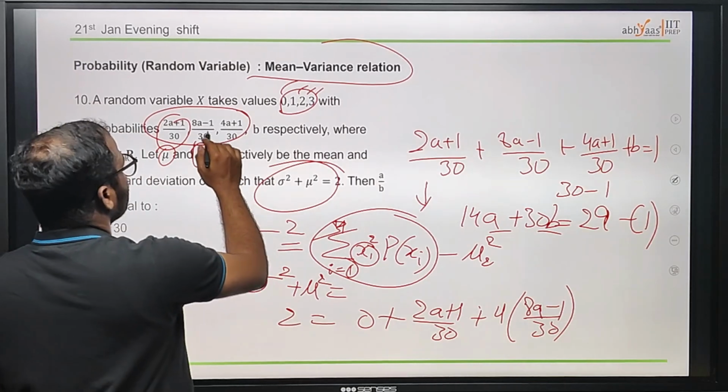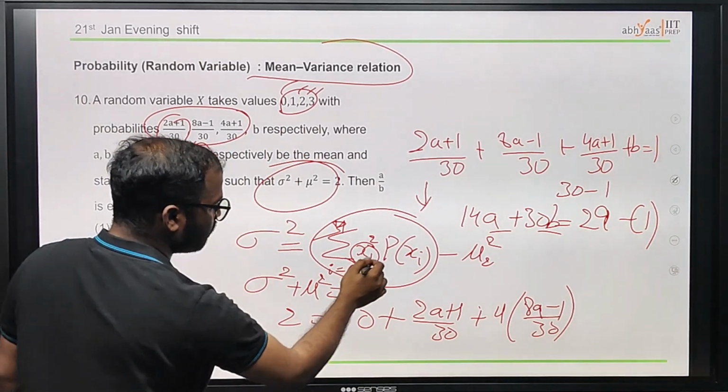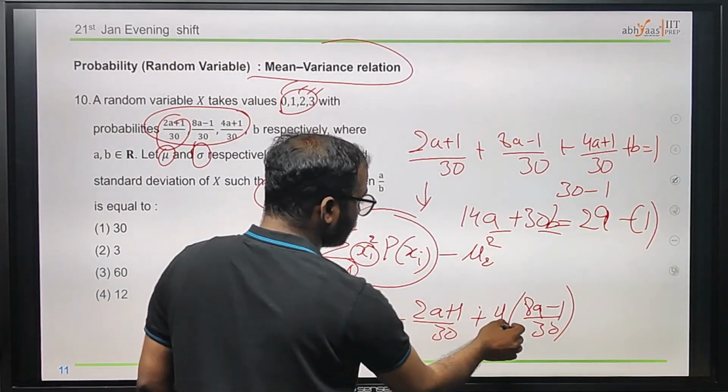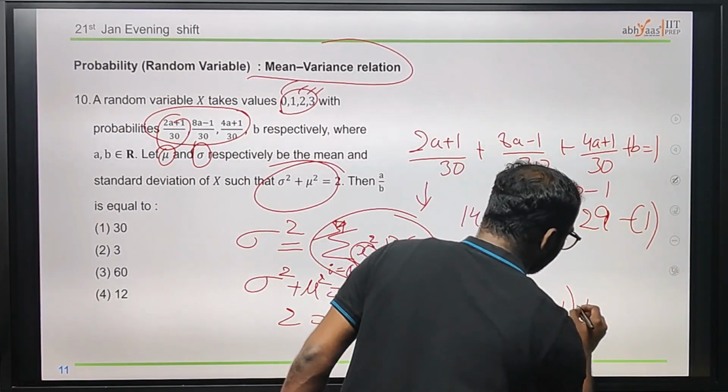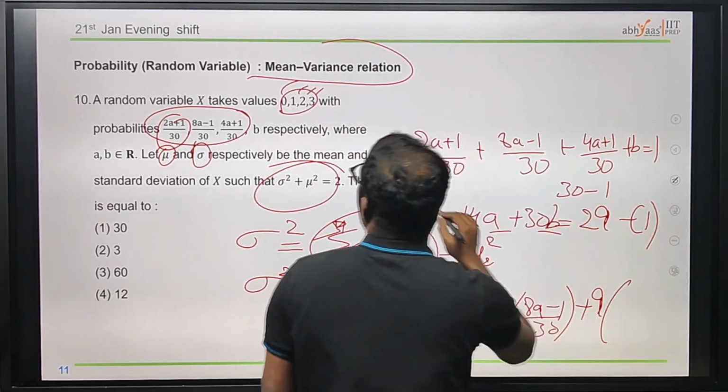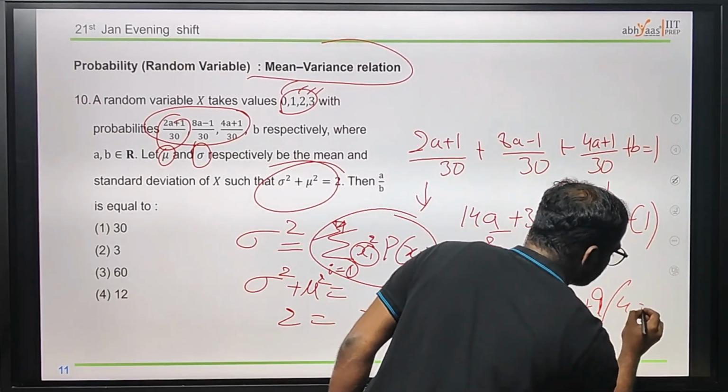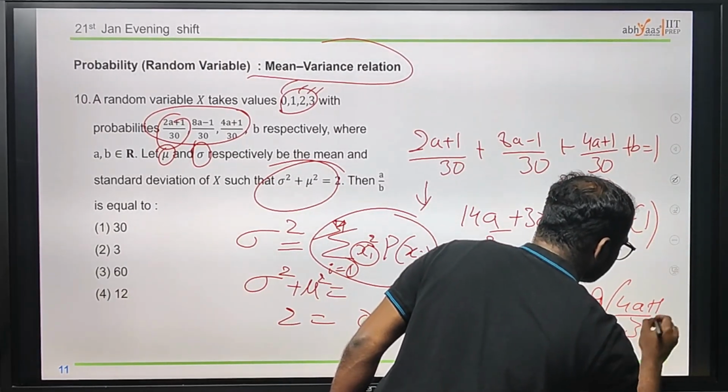For 3 it will be 3 square, that is 9, and the next one will be 4a plus 1 by 30.